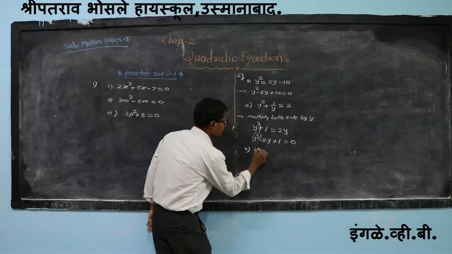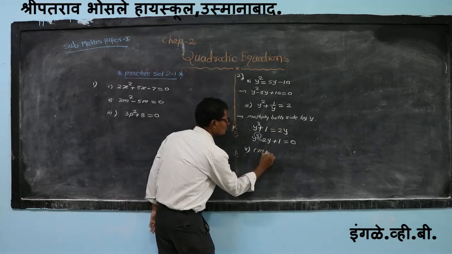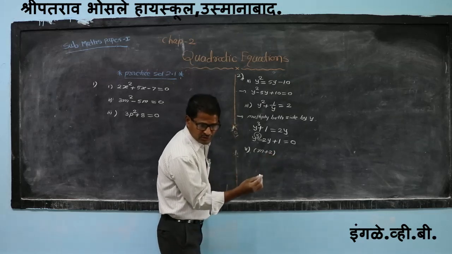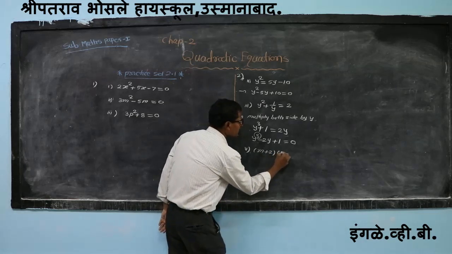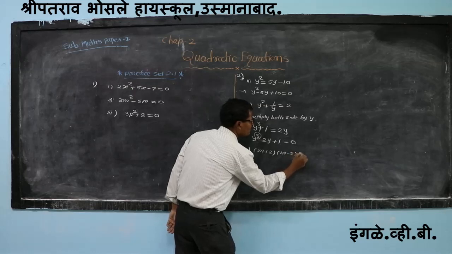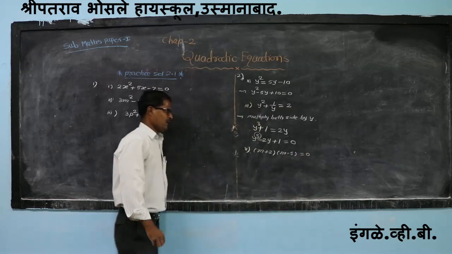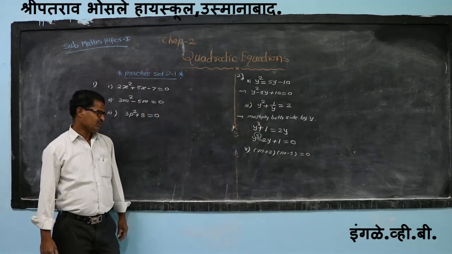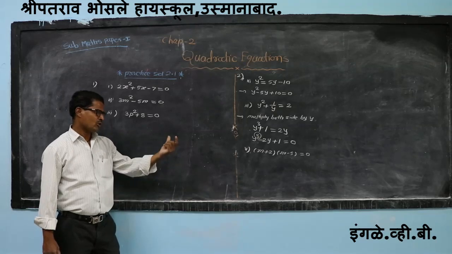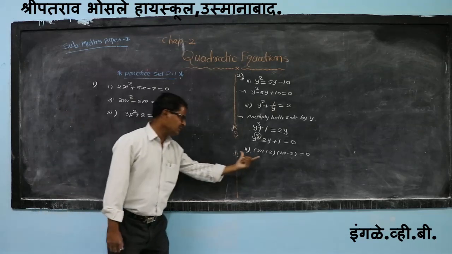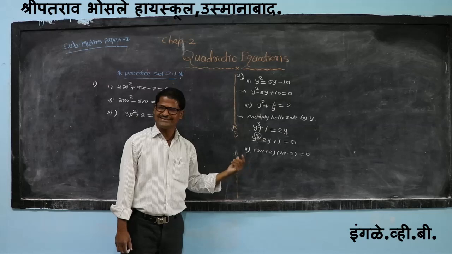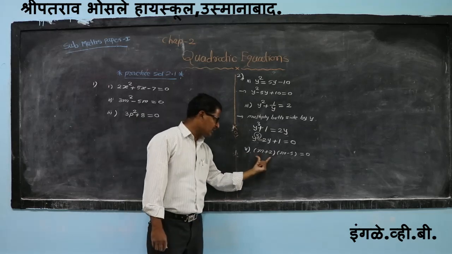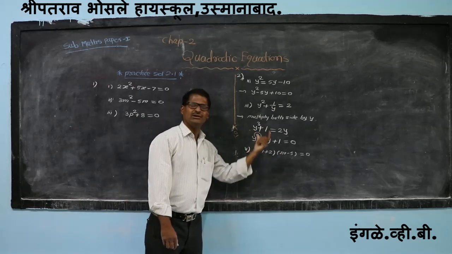Next, example number 5. m bracket m plus 2 bracket close, second bracket m minus 5 is equal to 0. In this example we observe that there are two binomials multiplying each other, but this equation is not in the standard form, so we have to convert this example into standard form.